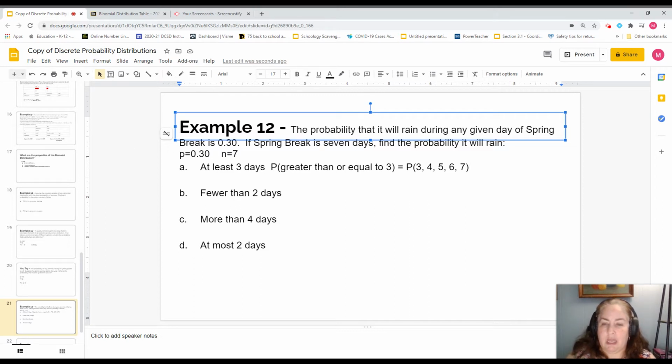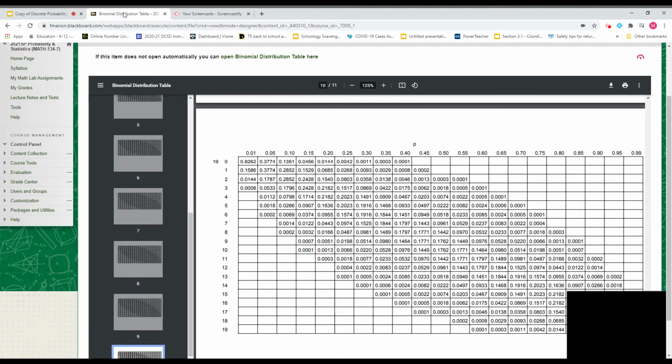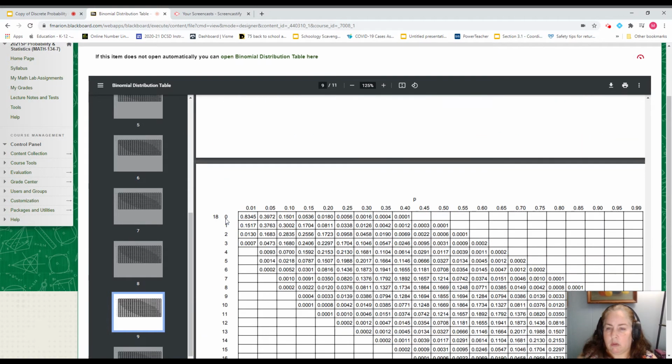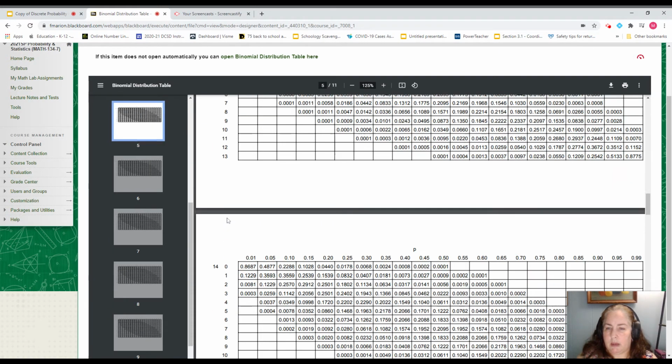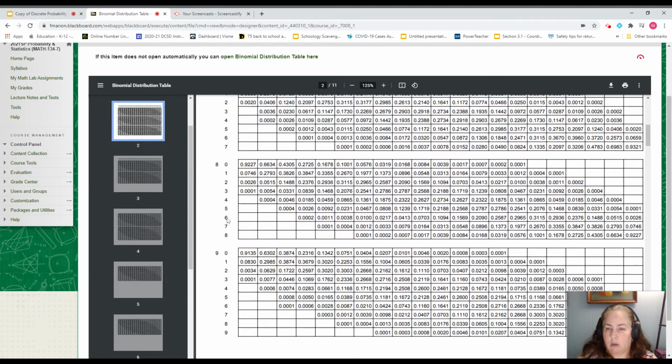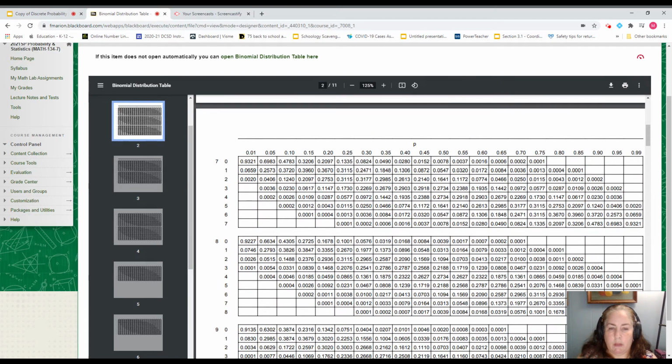So we have n is equal to 7 and p is equal to 0.3, and we need 3, 4, 5, 6, 7. So 7 is way back up here, and we want 0.3. I'm going to add these numbers together.